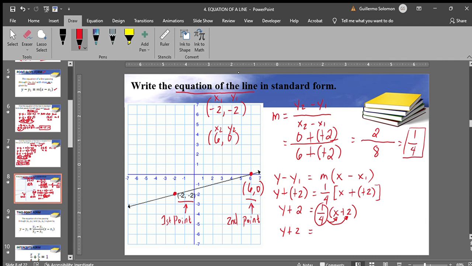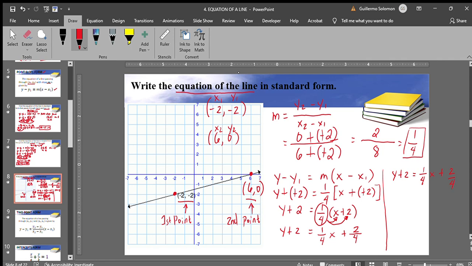So, it will become 1/4 x and then multiplied by 2 multiplied by 1/4, that is 2/4. Okay. Let us continue dito. From here, y plus 2 is equal to 1/4 x plus 2/4. Okay.